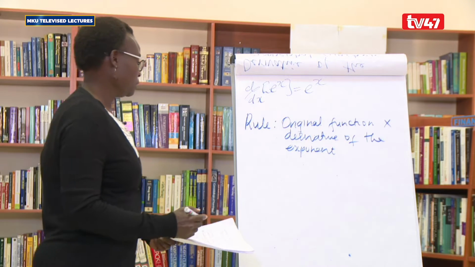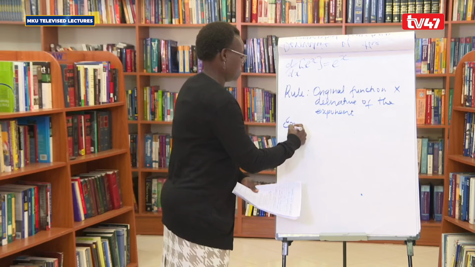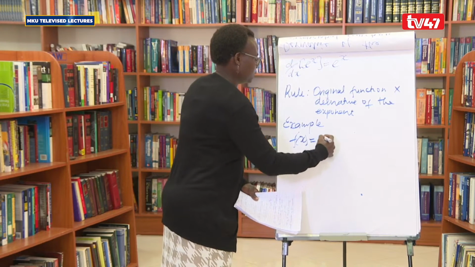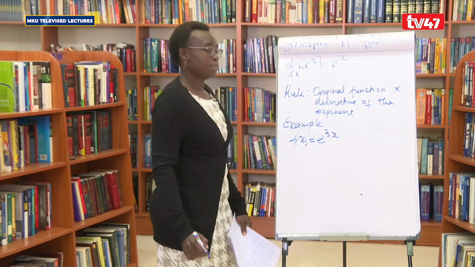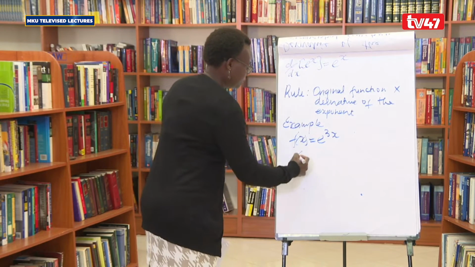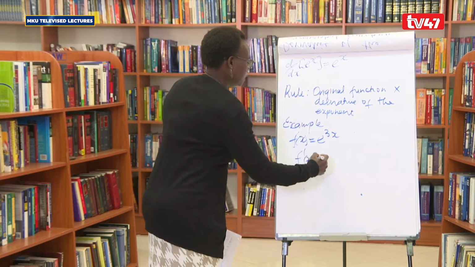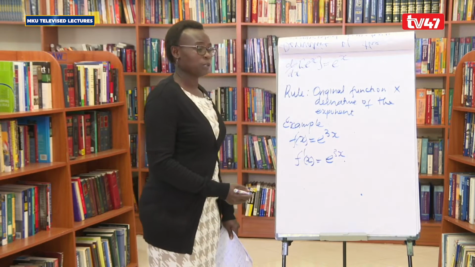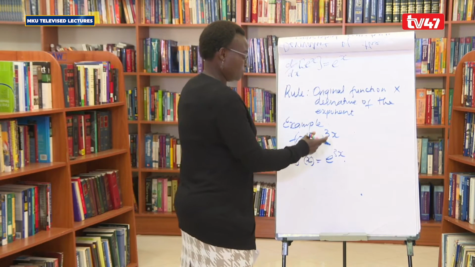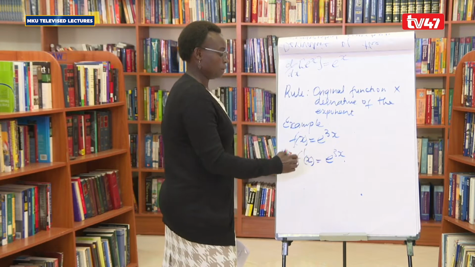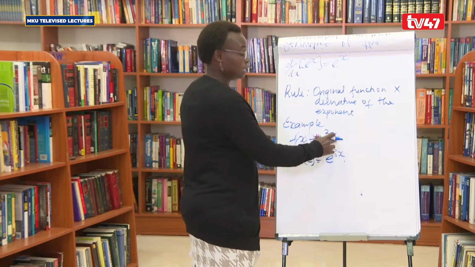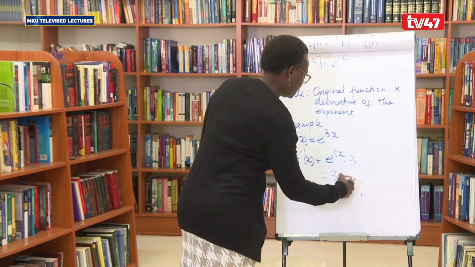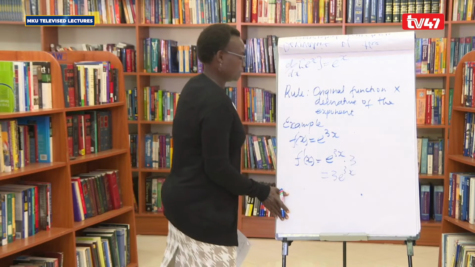So for example, if you're supposed to get the derivative of e raised to power, let's say 3x, this implies that the derivative is going to be our original exponential, and then we multiply by the derivative of the exponent. Our exponent here is 3x. So the derivative of 3x is 3. So this will give us 3e to the 3x.